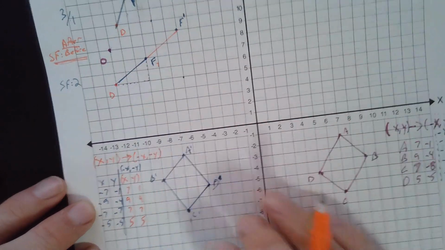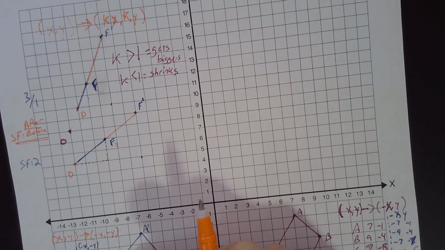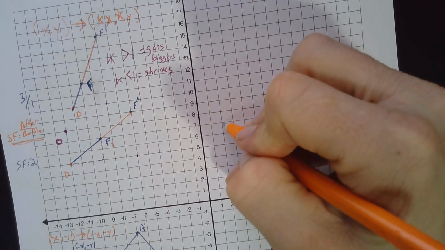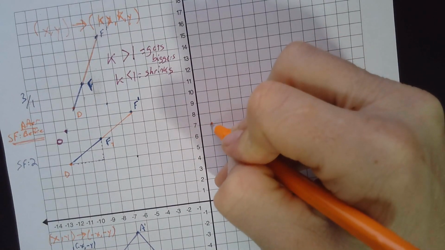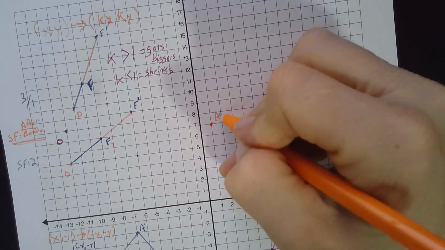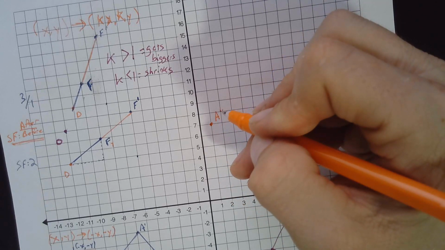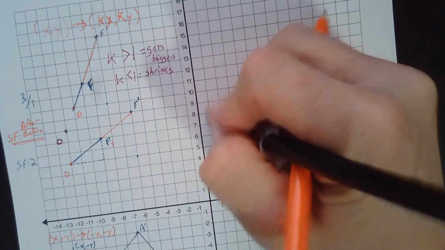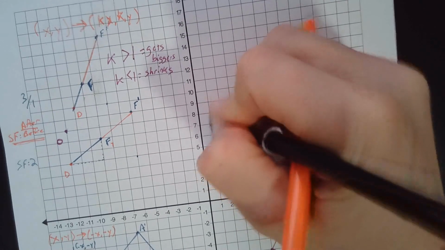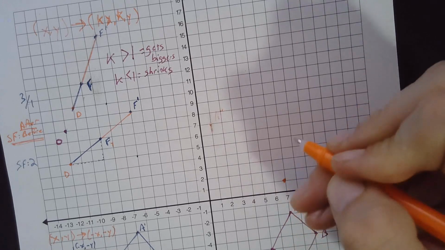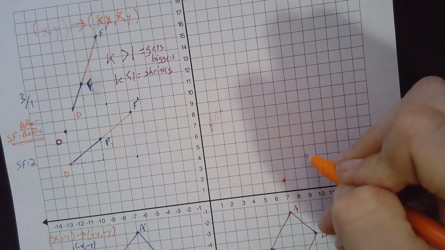So I'm going to go plot these. A is going to be 7 and 1. That's A double prime. B is going to be 9 and 4. Wait, that's 1 and 7. A is going to be 7 and 1. B is going to be 9 and 4.